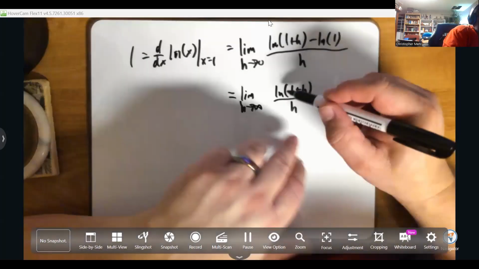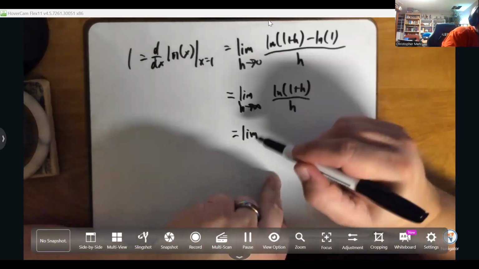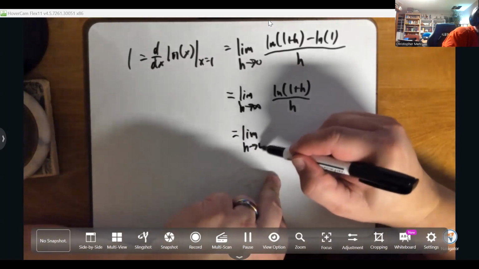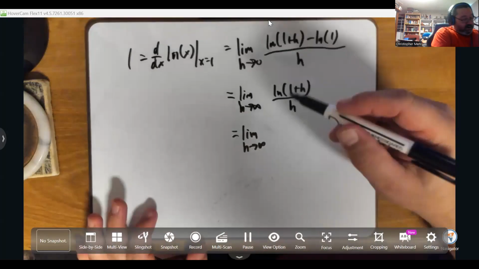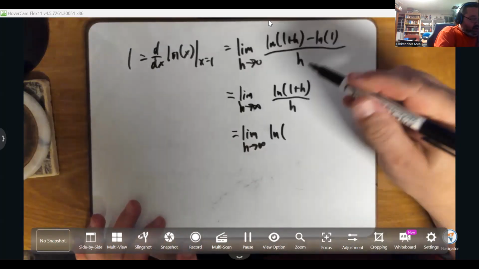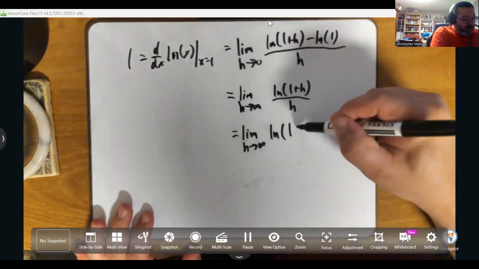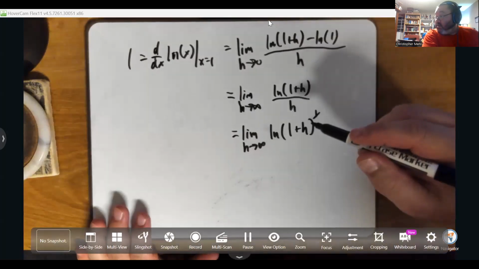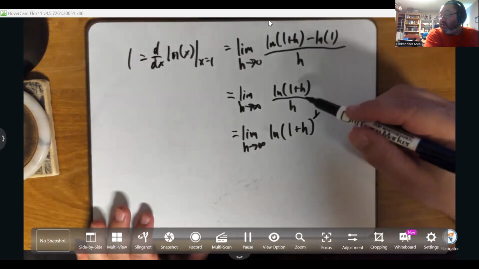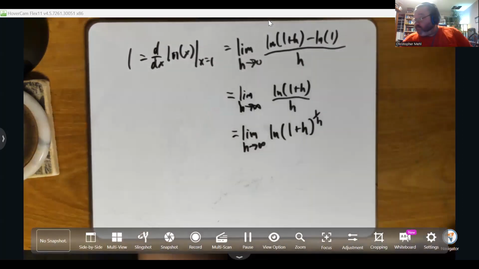And using the power rule there, that can be written as the natural log of (1 plus h) to the 1 over h.